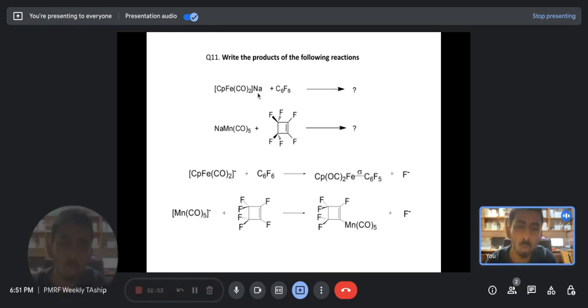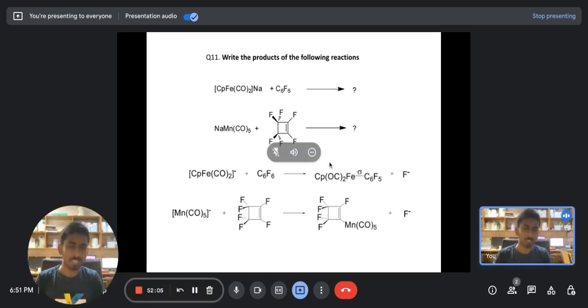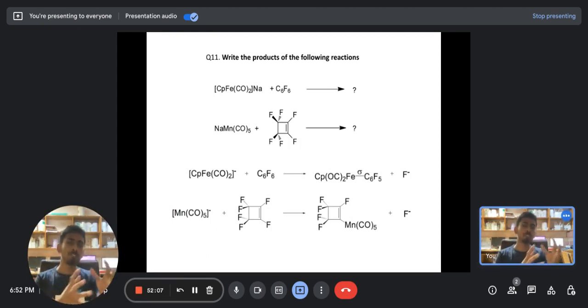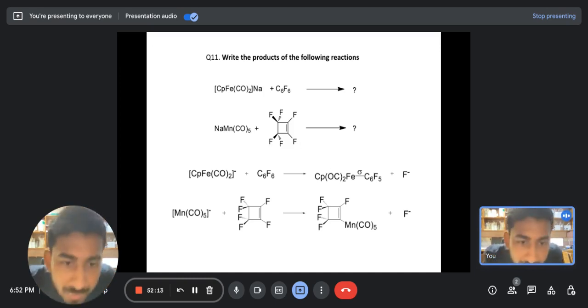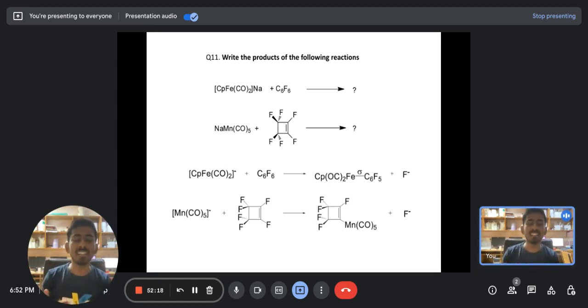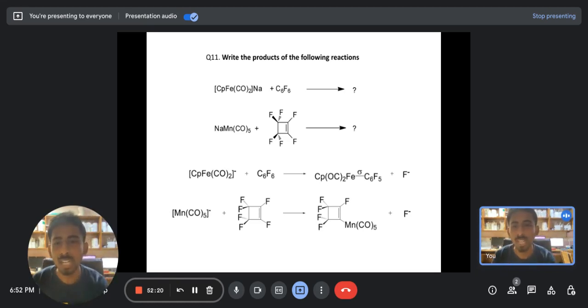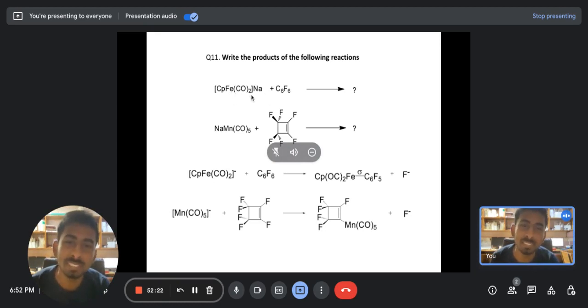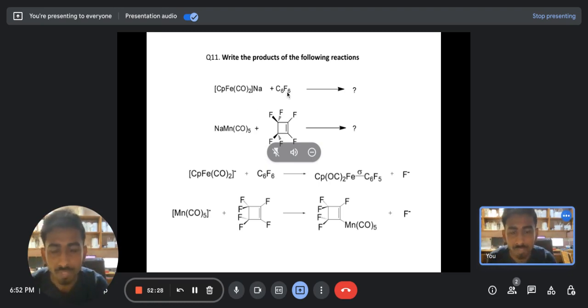I have already told that the metal fluorine bonds, the metal carbon bonds having the fluorine, the RF-M bonds, are quite stable in nature. That's why in many of the cases, except the last example, the compounds containing RF-TM bonds are produced. So here what happens? This is CpFe(CO)2 minus Na plus. This minus will attack on one of the carbon atoms to eliminate one of the fluorine atoms.